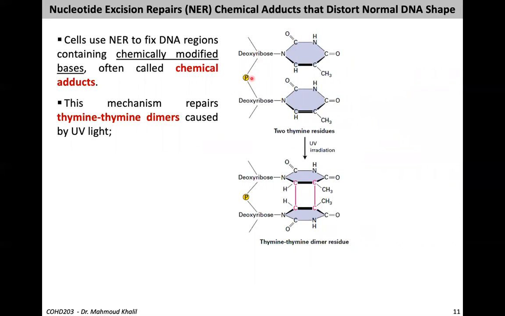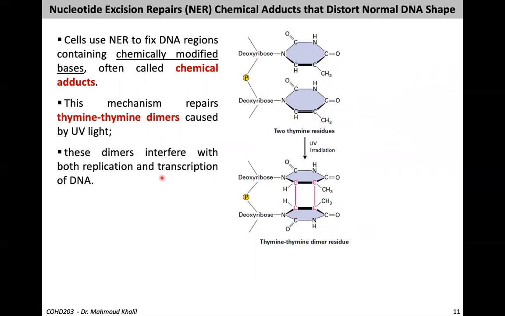Here is the normal two thymine residues, T and T, on a single-stranded DNA. Due to UV light or ionizing radiation, these two T's form a dimer through a bond formation between these two carbons. This leads to a thymine dimer.